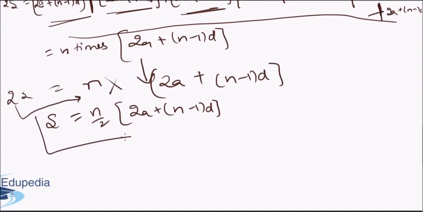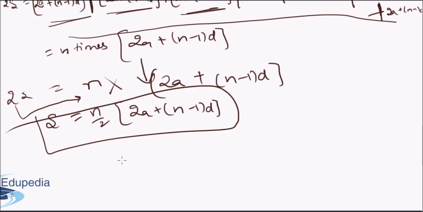Thus, this is the required formula for the sum of all the terms of a given AP, that is S equals N by 2 into 2A plus N minus 1 into D, where N is the number of terms, A is the first term, and D is the common difference.